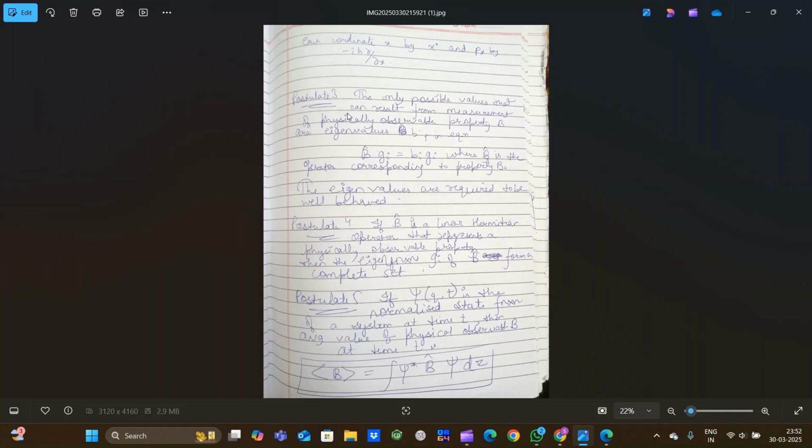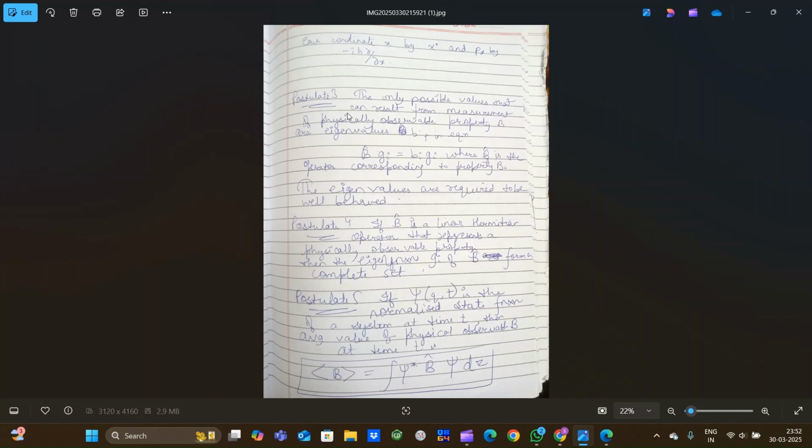Okay. Postulate 5. If psi is the normalized state function of a system at time t, then the average value of the physical observable B at time t is given by this. Write one point that the average value of the operator is also known as the expectation value. You can get a question on this topic.